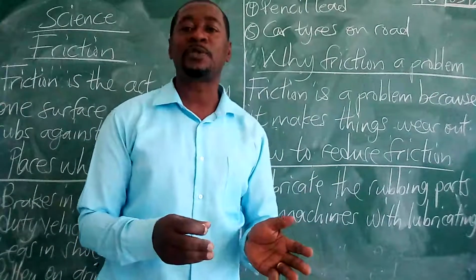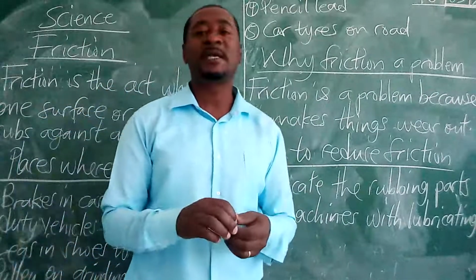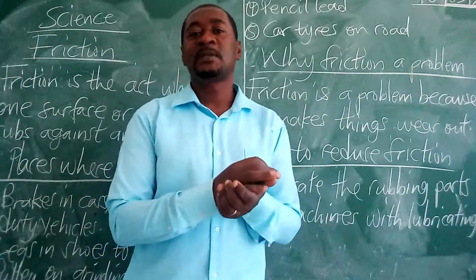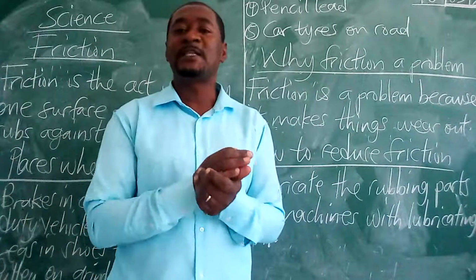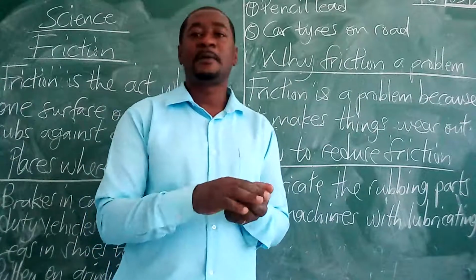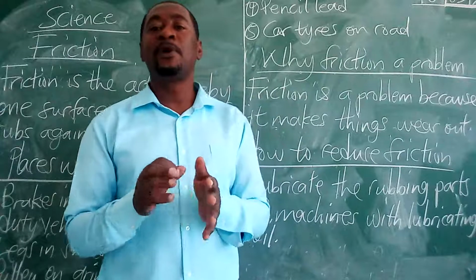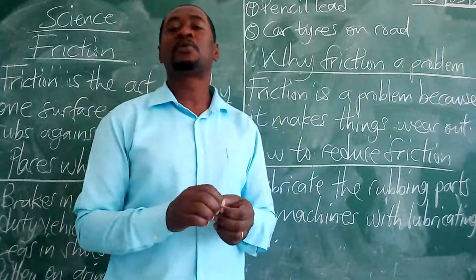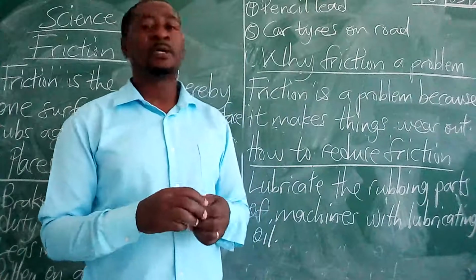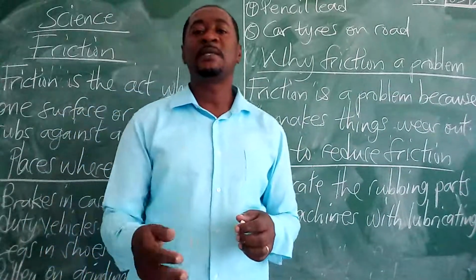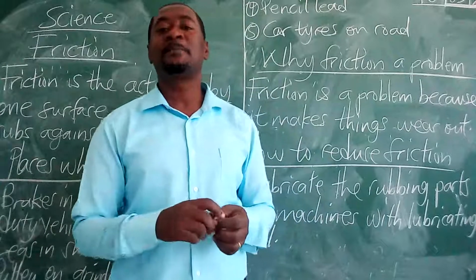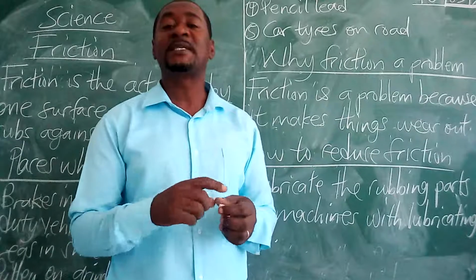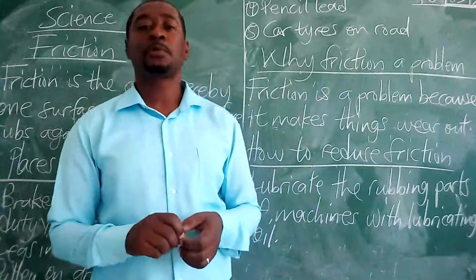Any machine that you are using, or anything that you are using where there is contact between two surfaces, if you don't change the parts at regular intervals, or at a time that they are worn out, it will give you problems. So always we change our shoes, we change car tires, we change machine parts because of what? Friction. So it is a problem because it always makes things to be worn out.